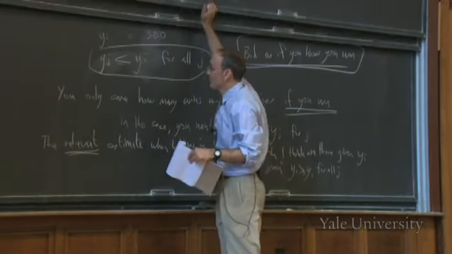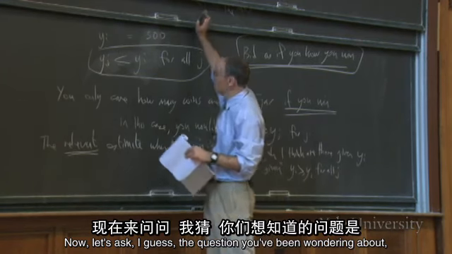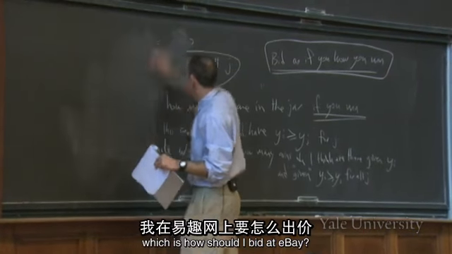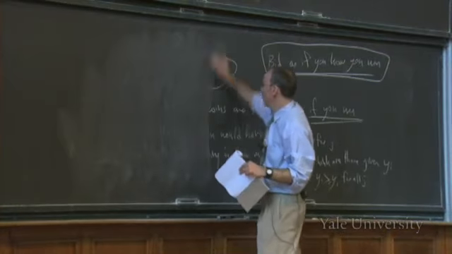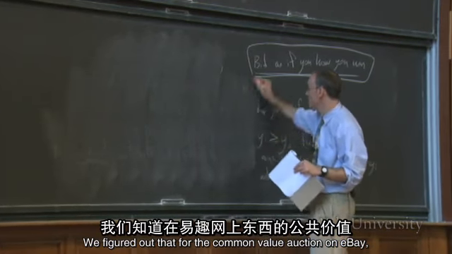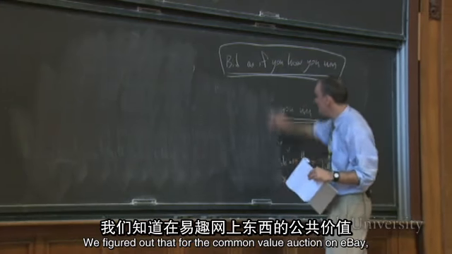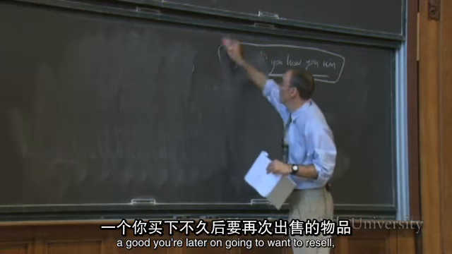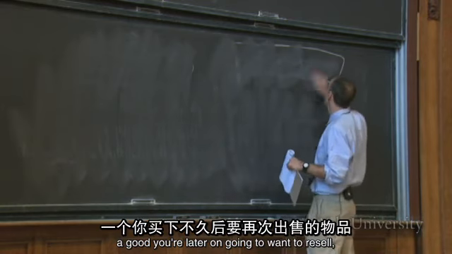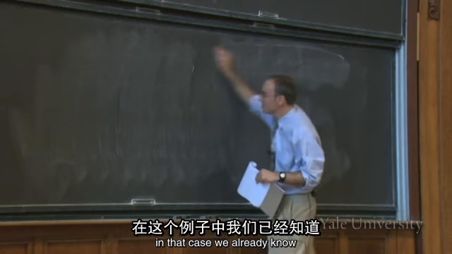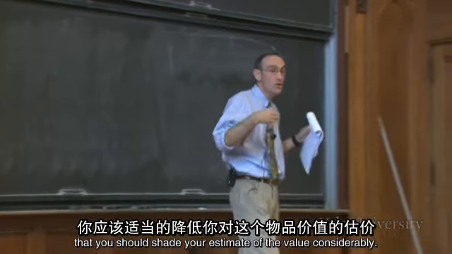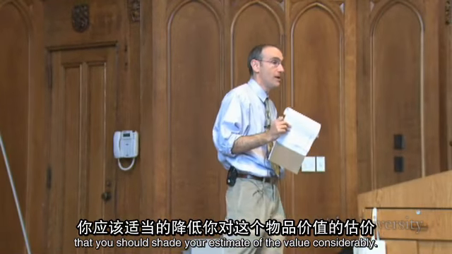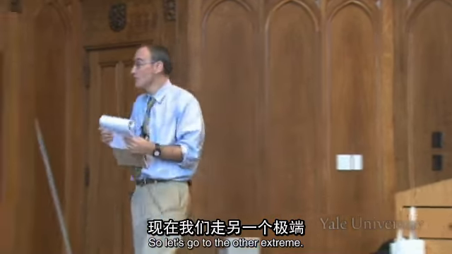All right. Now let's ask the question people have been wondering about, which is, how should I bid at eBay? We figured out that for a common value auction on eBay, for example, if the good you're buying is one you're later going to want to resell, then we already know that you should shade your estimate of the value considerably. So let's go to the other extreme.